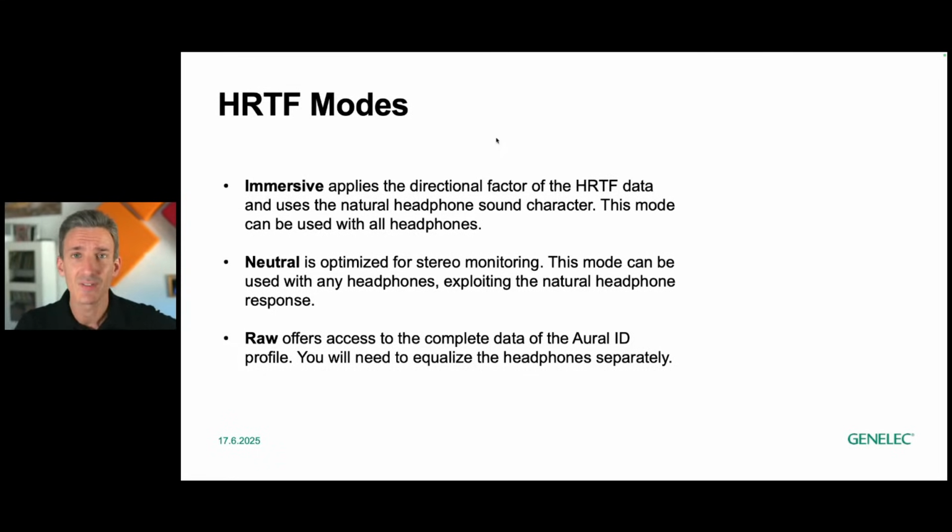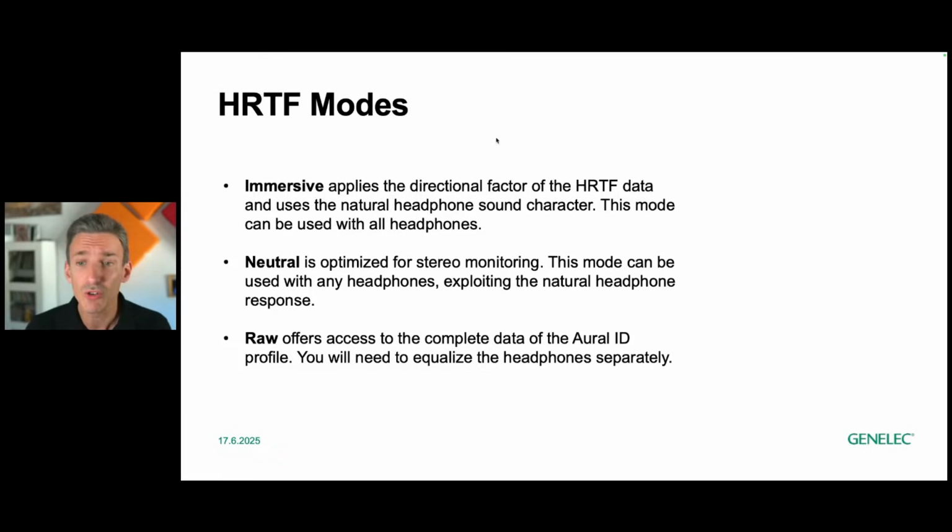And raw is for if you want to get really deep into it. It gives you access to the complete data set of Aural ID, including all the information that usually defines things that are part of the common factor, so the generalized target curve for the headphones.